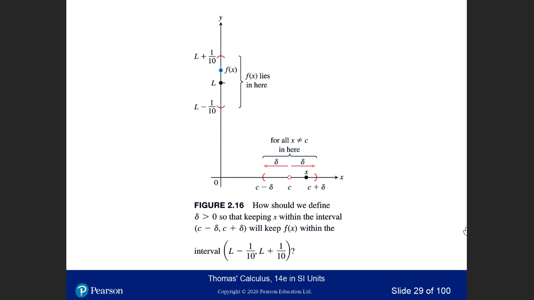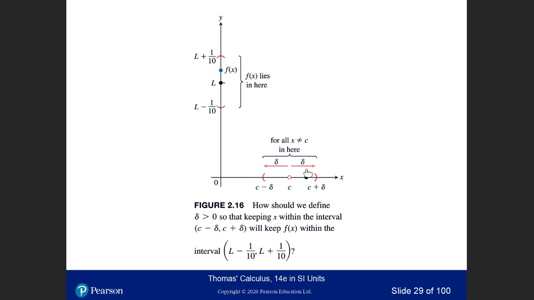That picture also tells you what to do. You are given, in this case, epsilon is 1 over 10. So L is this point, the limit of the function. I want to prove that the function value should be near this point. So that's L plus epsilon, L minus epsilon.